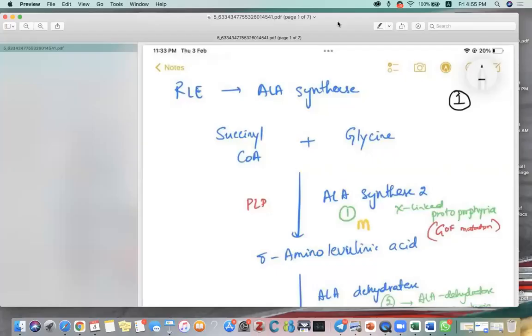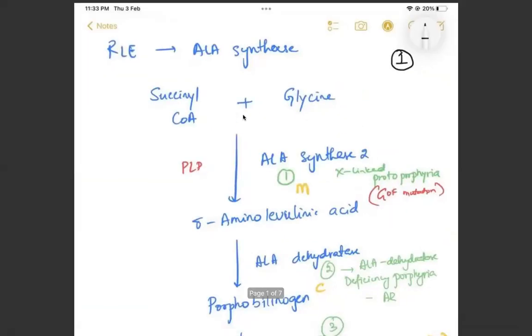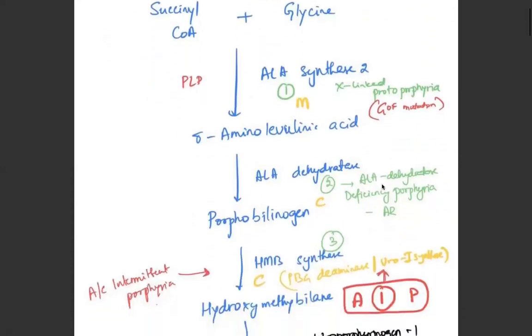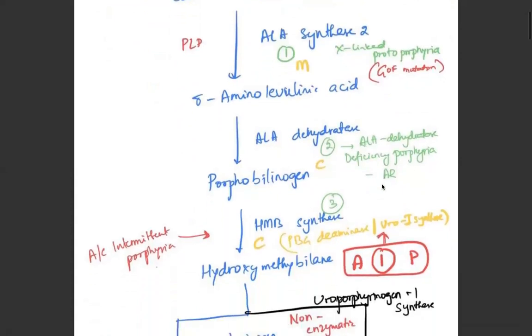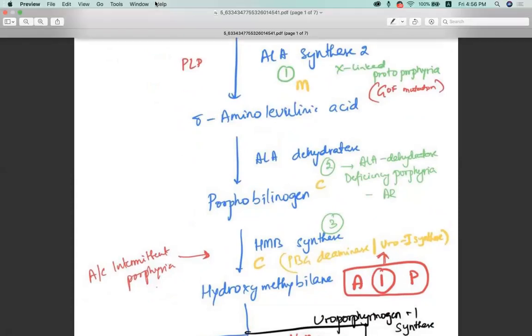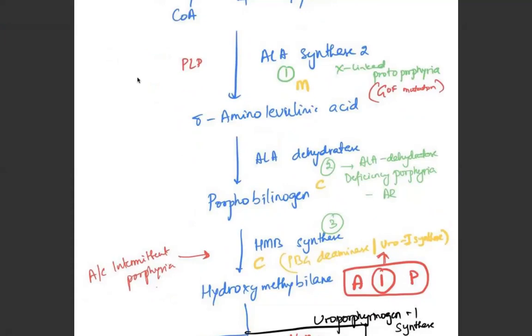Pyridoxal phosphate, and then ALA dehydratase will act, resulting in formation of porphobilinogen. Porphobilinogen is acted on by HMB synthase, which is also known as PBG deaminase or uroporphyrinogen 1 synthase, resulting in formation of hydroxymethylbilane.